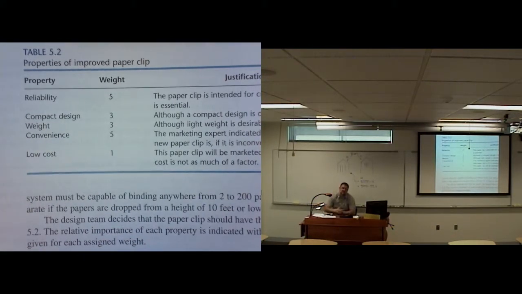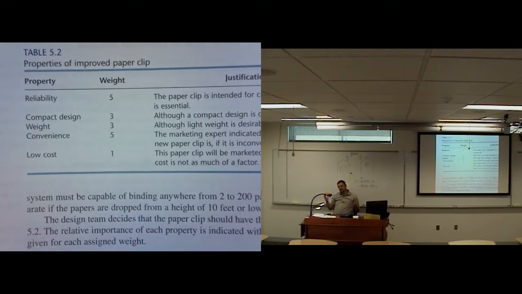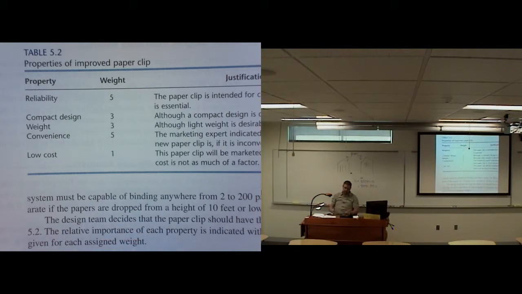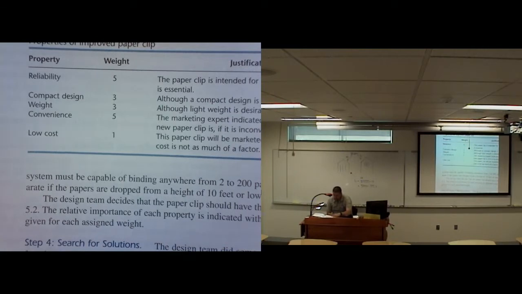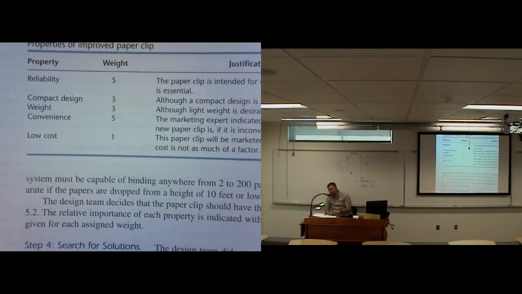So now we've kind of gone through the first 3 steps of defining the problem and kind of fleshing out what we're supposed to be doing here. Now we need to start figuring out how we're going to do it, right? So this is where we get into our brainstorming ideas, our whittling down the ideas to a certain number of things.